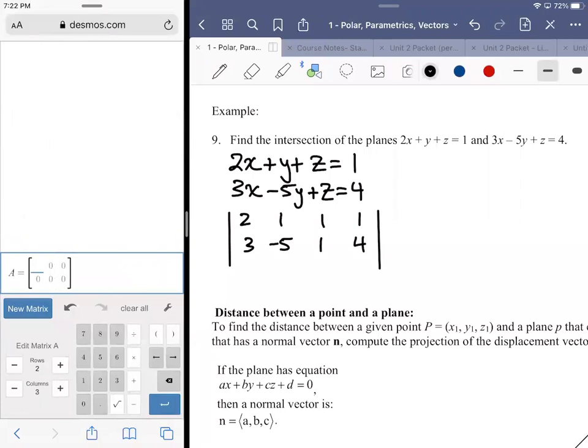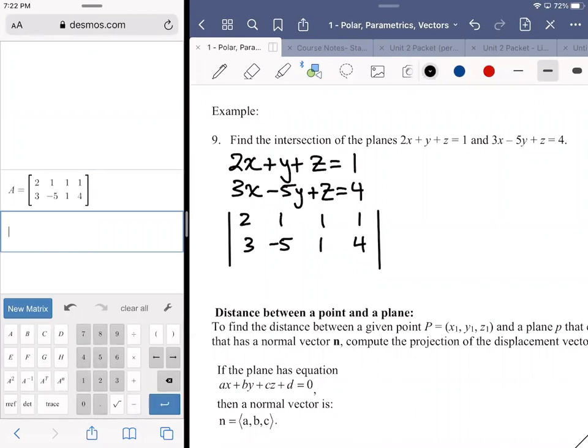This is a 2x4, so I'm going to expand my number of columns. The first row is 1, 1, 1, 2, and the second is 3, -5, 1, and 4. Now we're going to row reduce. So rref A gives us this glorious mess.